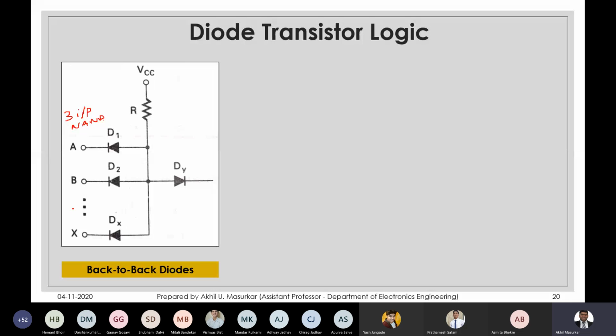If it's a 5 input, it can be ABCDE and so on. So what you can see is we have a combination of D1 dy, a combination of D2 dy, a combination of D3 dy, dot dot dot, a combination of Dx dy. You can see this is one NPN, each one of these is an NPN.